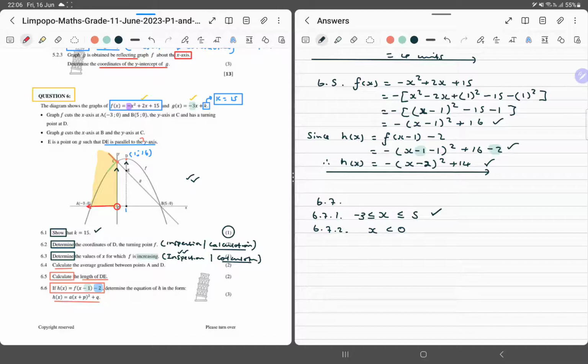The next little piece of situation is here, in this lovely interval. If you look in that lovely interval, look at the graph of g. It's above the graph of f.